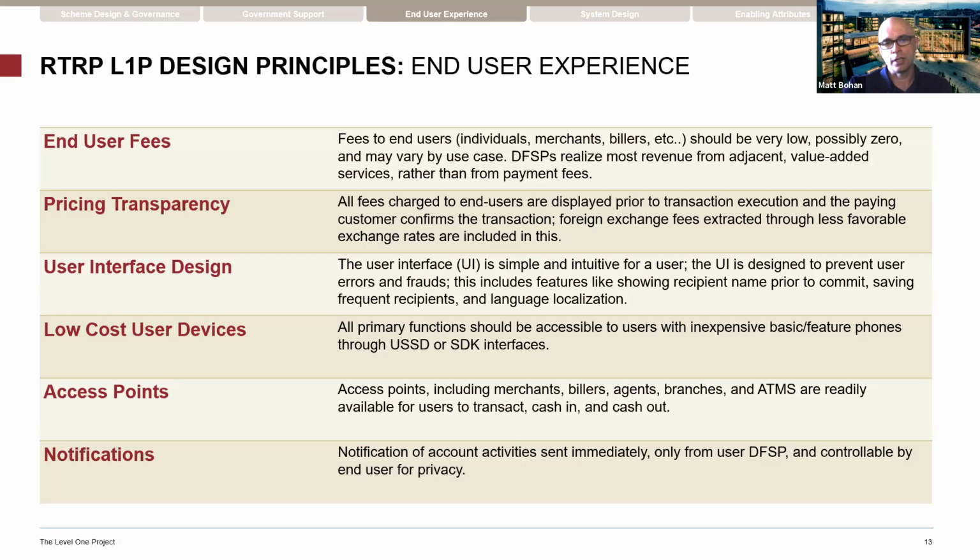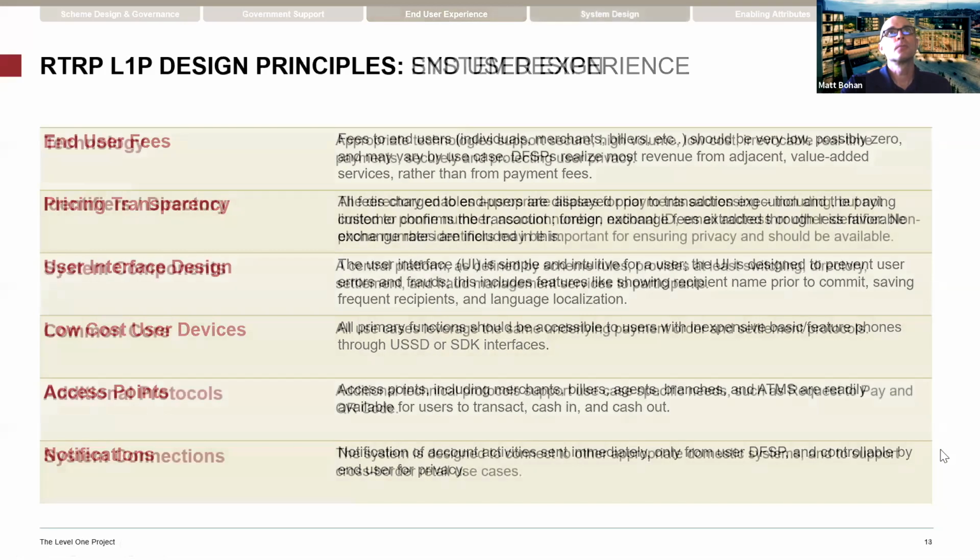So this is particularly important for women to be able to control their notifications and keep their money from being co-opted for other reasons within their households.